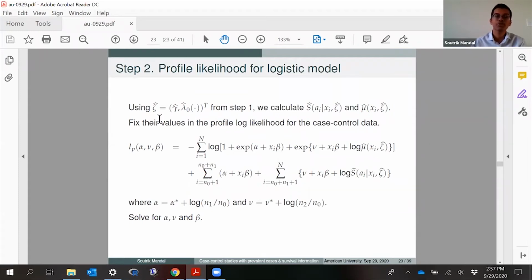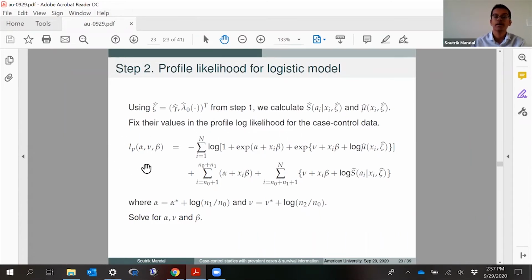In step 2, we use the gamma hat and lambda naught hat that we got from step 1 to calculate the estimates for the survival distribution and the mu hat. And then we fix their values in the profile log likelihood for the case control data.